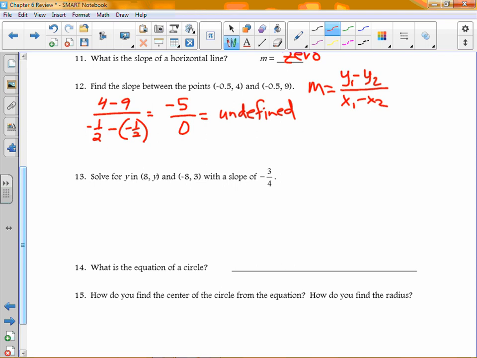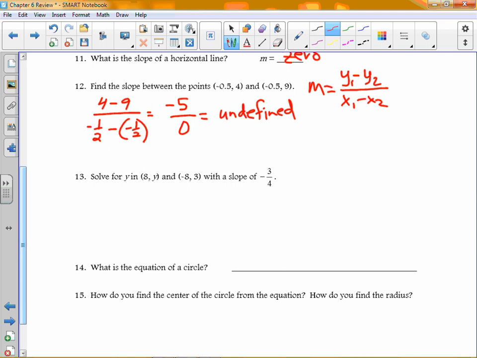There's a word for it. Inverse. The multiplicative inverse is the reciprocal. The additive inverse is the opposite. But that idea of taking something and turning it around is called the inverse. If I found the inverse of undefined slope, the zero goes on top, it's zero slope.